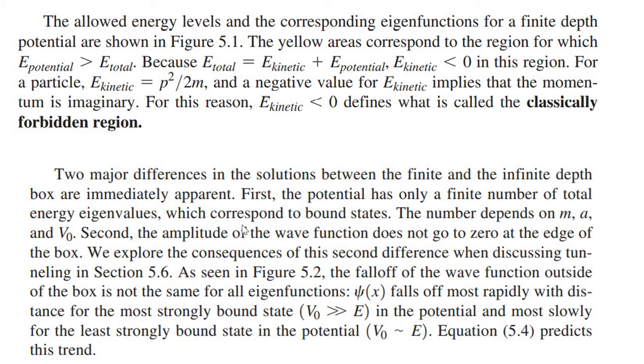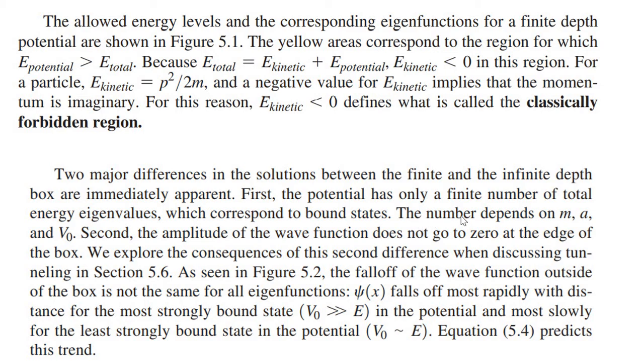First, the potential has only a finite number of total energy eigenvalues, which correspond to bound states. In the PIB box, there are actually an infinite number of energy levels, because the box itself is of infinite depth. But here the depth is finite, so naturally we get a finite number of discrete or quantized energy levels or states.